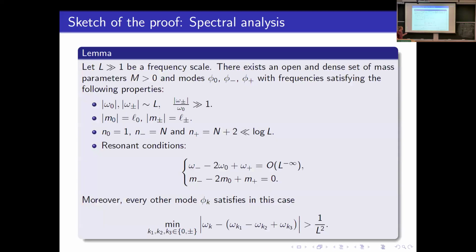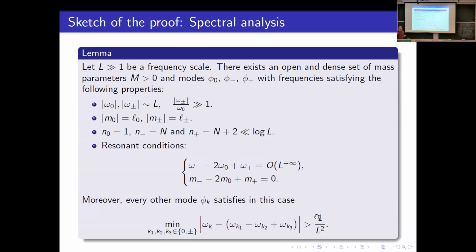linear modes, what we can prove is the following: for an open set, by playing with the mass parameter, which is the mass parameter of the background that will come into the spectrum, we can arrange so that the frequencies of the 3 dominant modes are actually resonant. So they are resonant both in time and in the azimuthal variable. And moreover, those modes are qualitatively non-resonant with respect to the others.